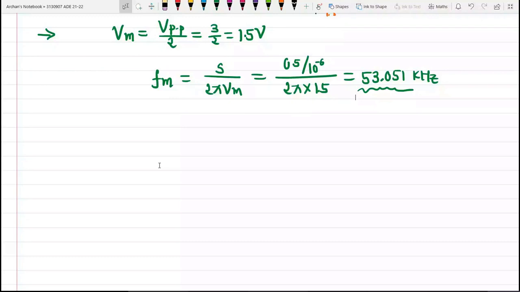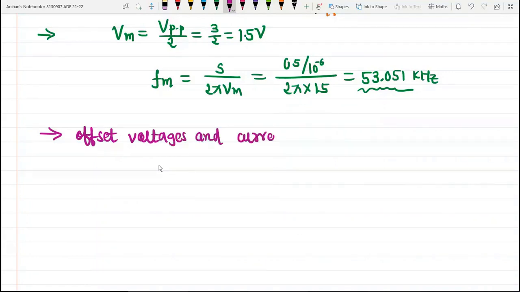Okay, so we need to understand the concept of offset voltages and currents very well. Okay, so we will see input offset voltage first.